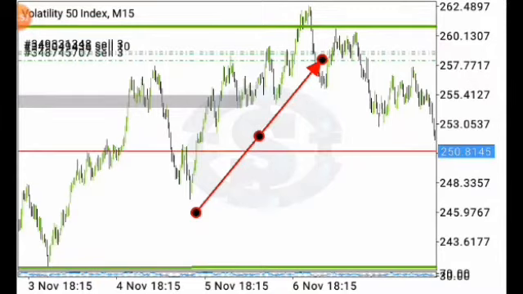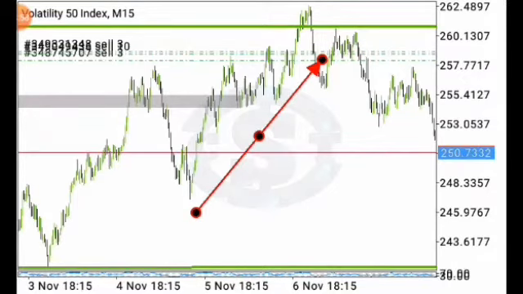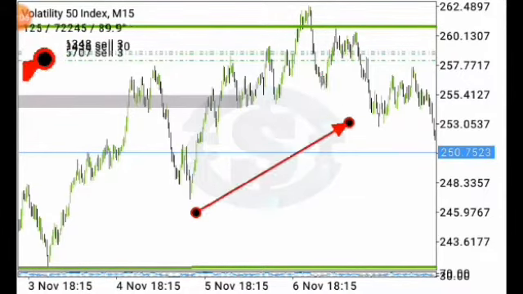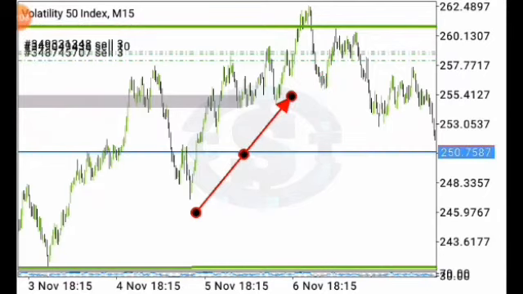So now look at this. Those of you who say you don't understand the play of market structure and stuff, the reason why I don't talk much on market structure is you need to have a reference point before you talk about market structure. Just like when you're building a house, you need to have a foundation for it.